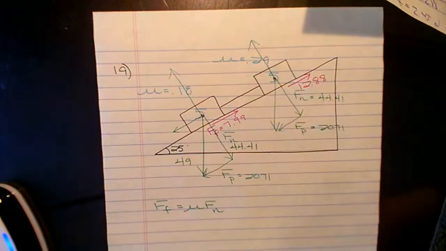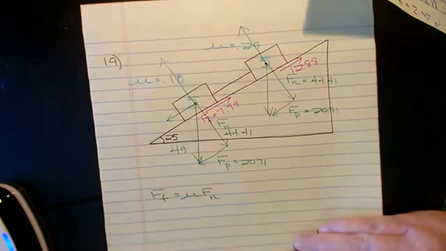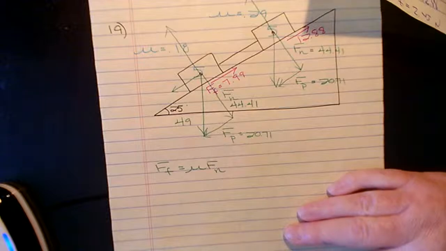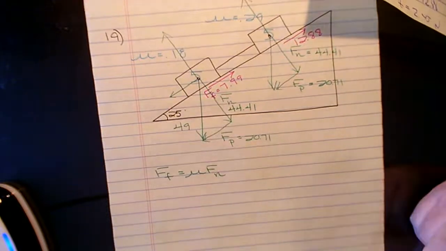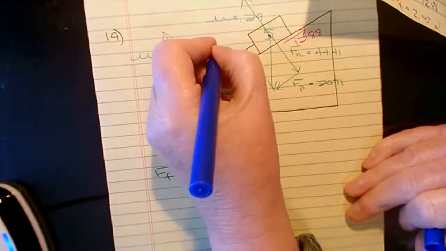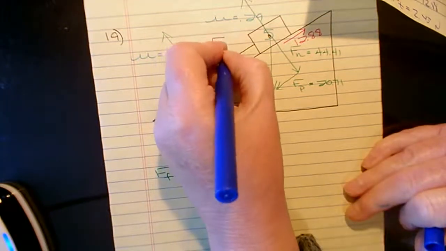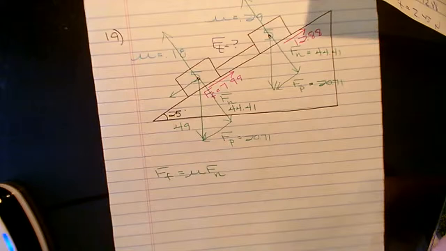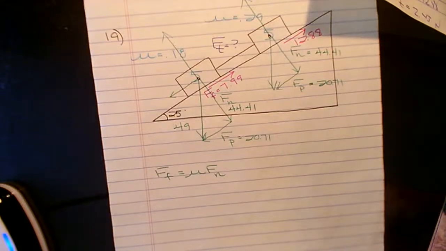So I drew a big picture here because there's a lot going on. The first thing I need to do before I can find the tension in this string, which is really what I'm trying to find, is to know the acceleration of the system. I'm going to do the same thing I always do.